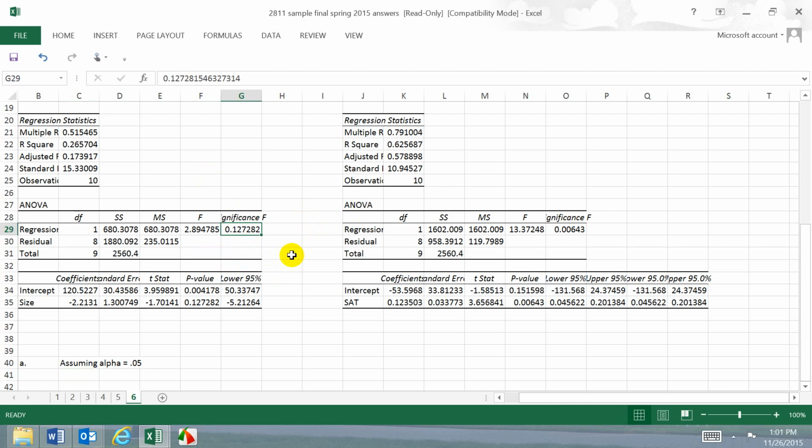Let's look at the regression using SAT score. The regression using SAT score, the significance F, or the p-value associated with the regression, is 0.006, which is less than alpha. Therefore, our answer is that the regression using SAT is significant.